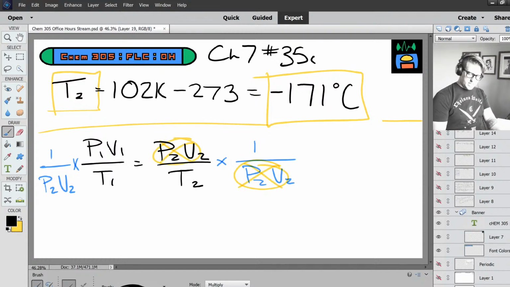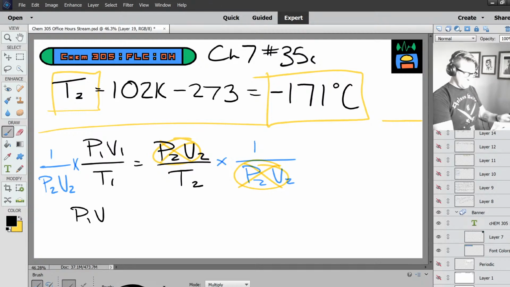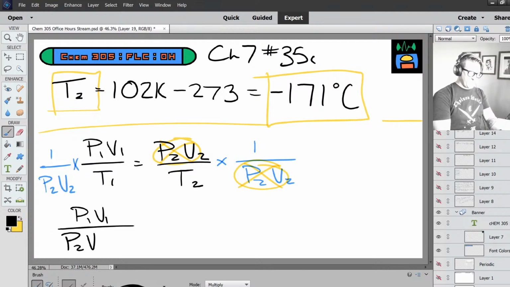And so on the left side of the equation, you get P1 times V1 over P2 V2 times T1. But what does that equal? That does not equal your final temperature. It equals 1 over your final temperature.